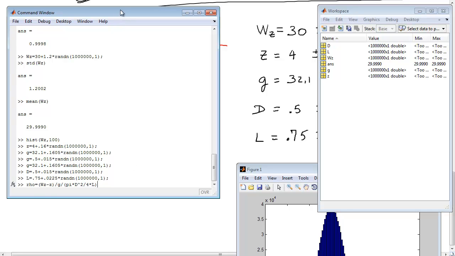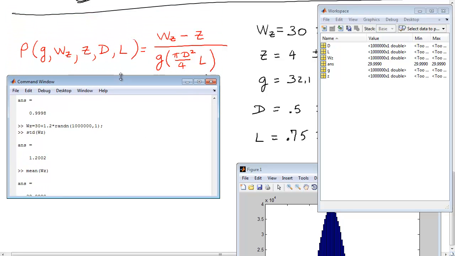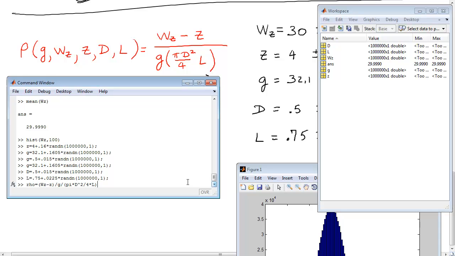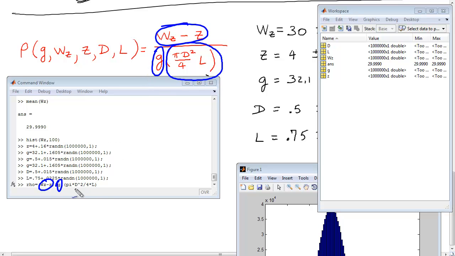Okay, so what I'm copying is something from my history, and hopefully, let's check this. Is this that equation? So WZ minus Z divided by G divided by this value, pi d squared over 4 times L. Alright, so I believe I'm okay.